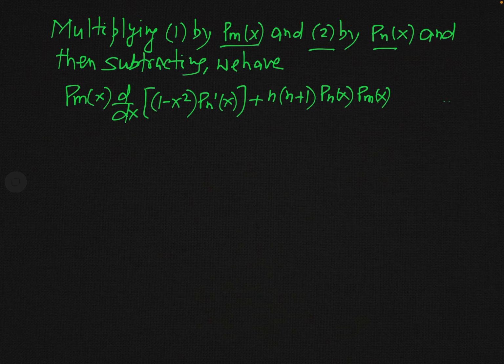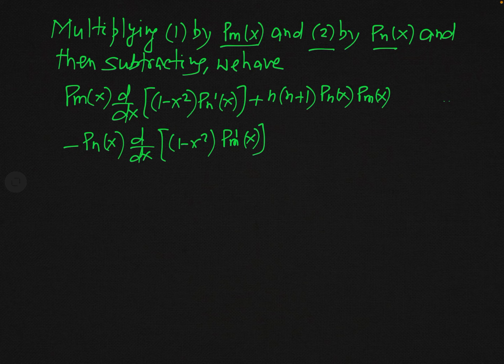So you can see this will be minus Pn of x d dx operated on 1 minus x square Pm prime of x.